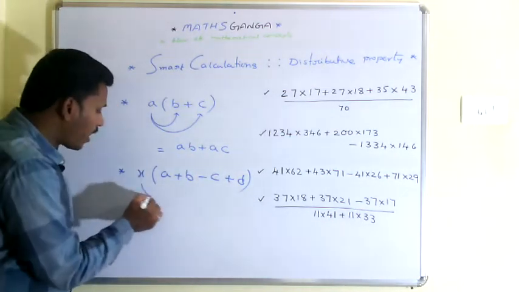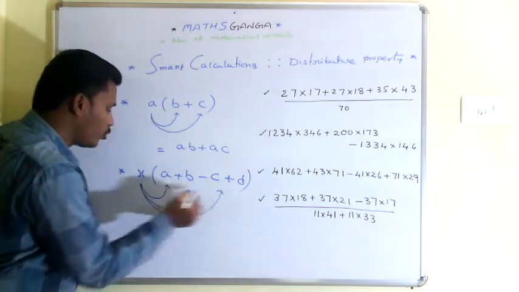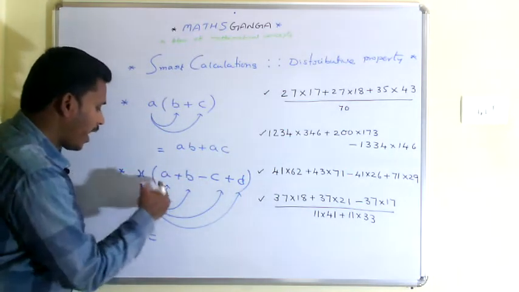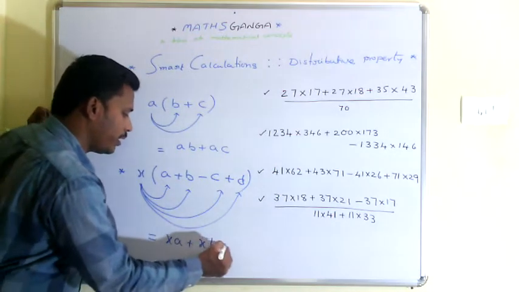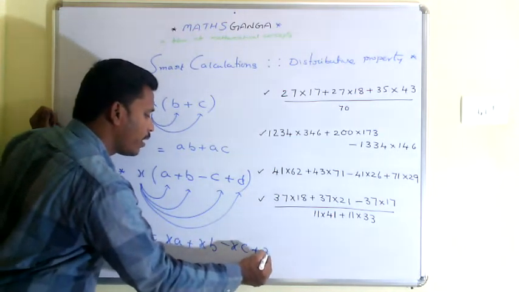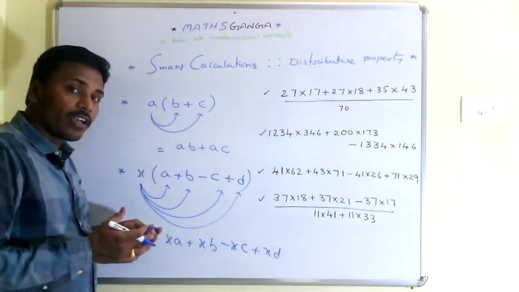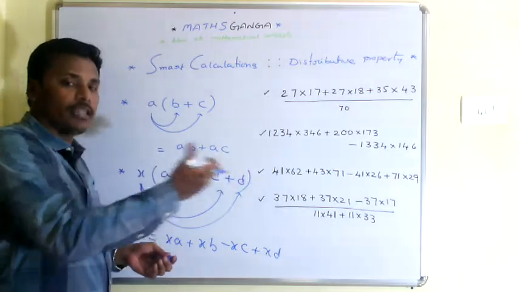So x into a, x into b, x into c, x into d, which gives xa plus xb minus xc plus xd. We are distributing the outer term to each and every one of the inner ones.